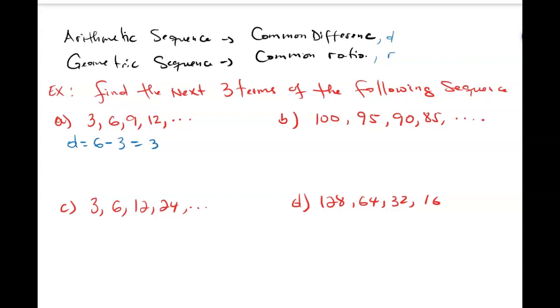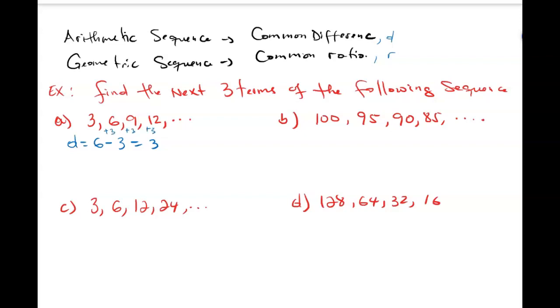All right, so you add 3 here, and then D is 3. So 3 plus 3 is 6, 6 plus 3 is 9, 9 plus 3 is 12. So you keep adding 3: plus 3, plus 3, plus 3.